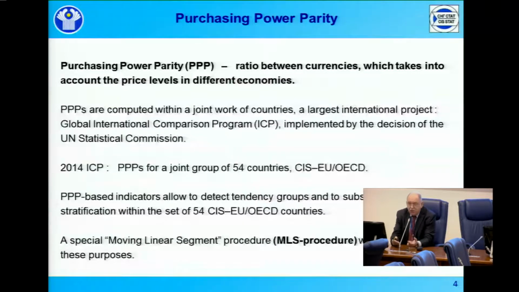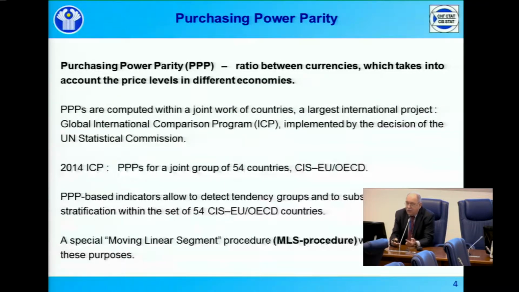So this is a ratio between currencies, but a very specific ratio, which is not formed at the currency market, but which is calculated, computed with specific methods, taking into account price levels in different economies. That's why personally I prefer this user side definition of PPP.